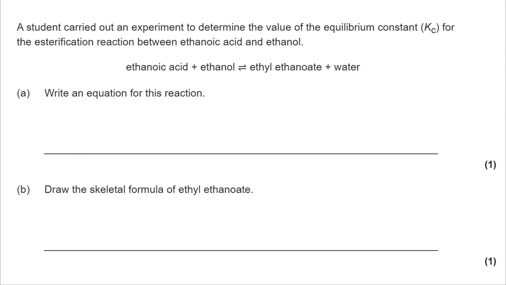So let's go back to parts A and B. A student carried out an experiment to determine the value of the equilibrium constant Kc for the esterification reaction between ethanoic acid and ethanol. And we've got the word equation provided. You are then needing to write a symbol equation for it. So you've got to be familiar with the functional groups. You've got to be able to recall the key principles of nomenclature.